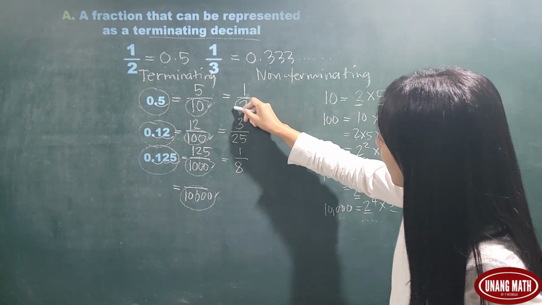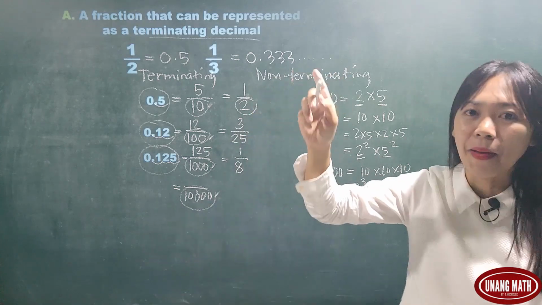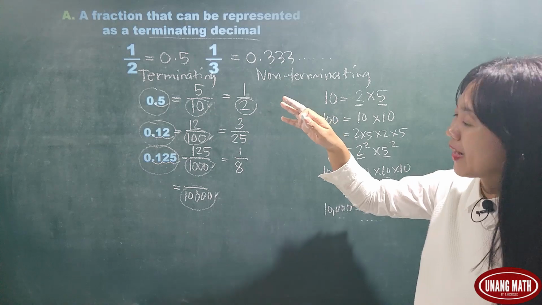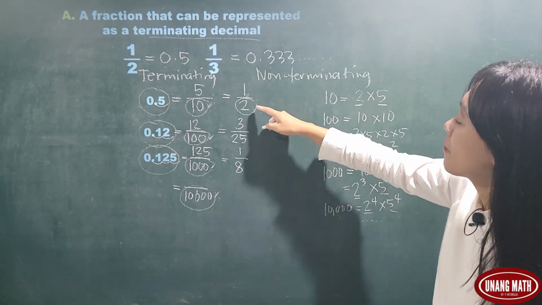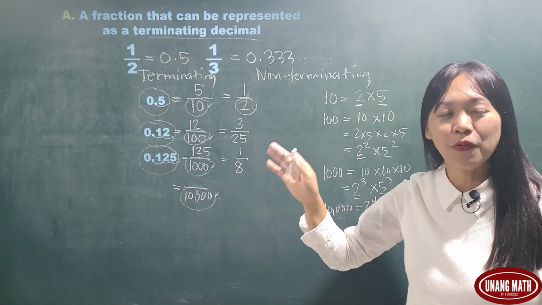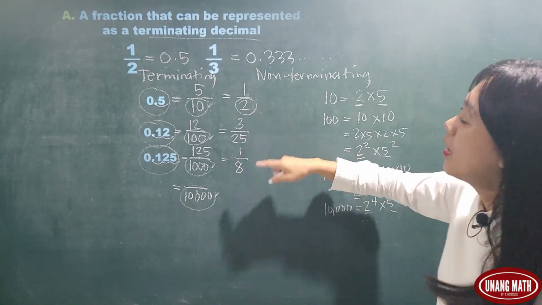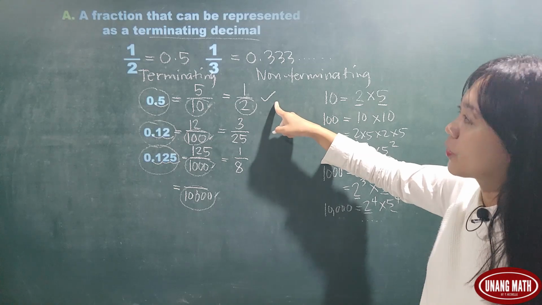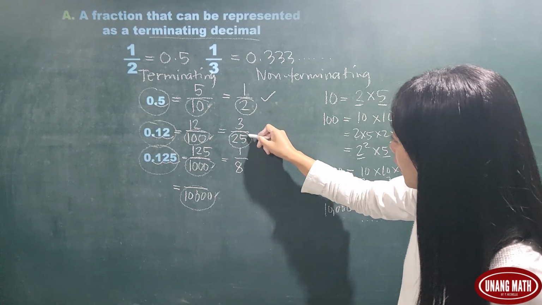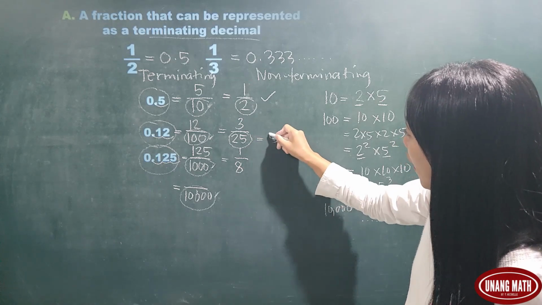Okay, look at the denominator. It's 2. Remember, that fraction can be converted to a terminating decimal if the prime factors of the denominator are 2 or 5, or 2 and 5. This is 2. So this can be converted to a terminating decimal. For 3 over 25, the prime factorization of 25 is 5 squared.